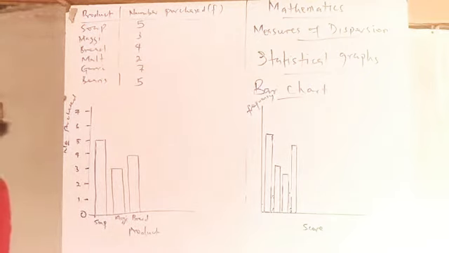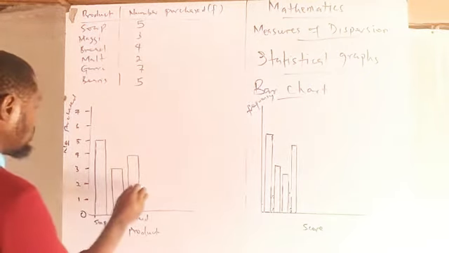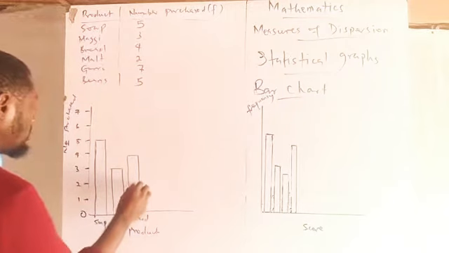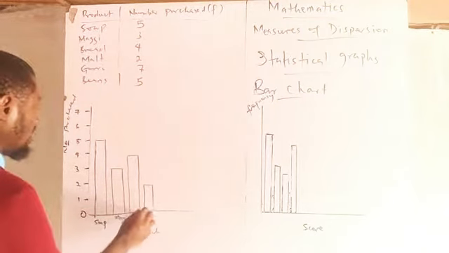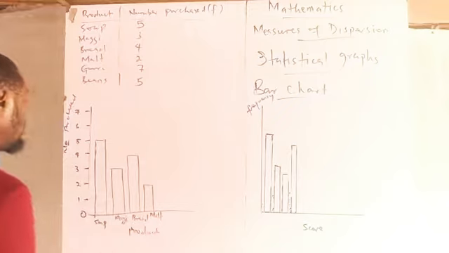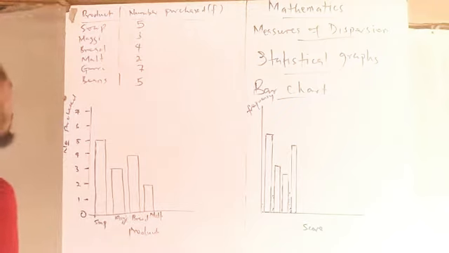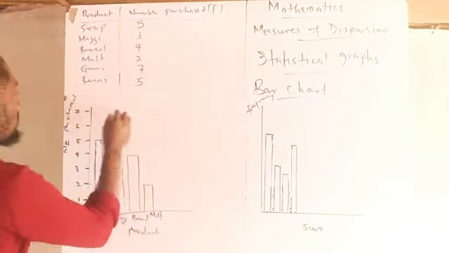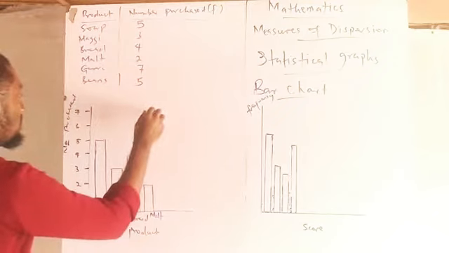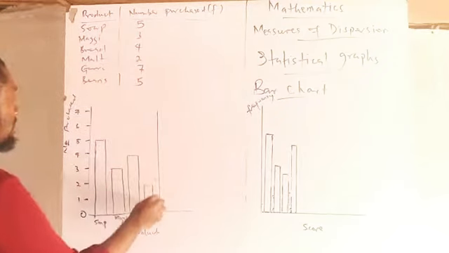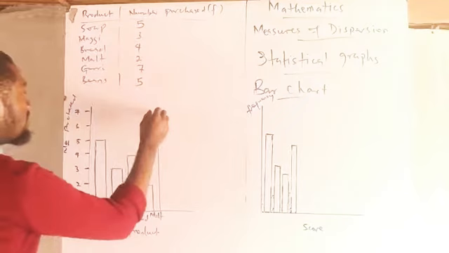Your malt is 2. That is your malt. Your Garri is 7. Garri is 7.